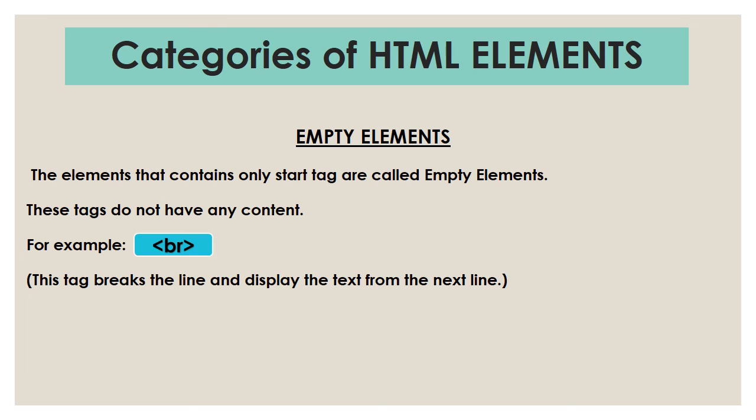Empty elements are the elements that contain only a start tag. They do not have any content or any end tag. For example, br. This tag breaks the line and displays the text from the next line. It does not contain any content or any end tag.